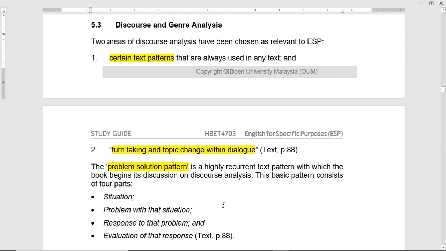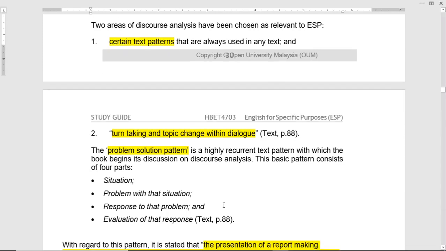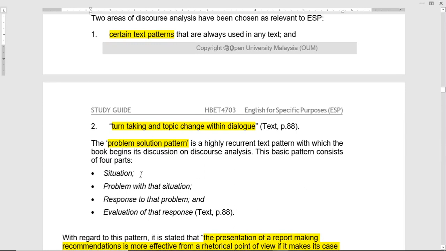There are 4 parts of this in discourse analysis: analysis of the situation, the problem with that situation, response to that problem, evaluation of that response.